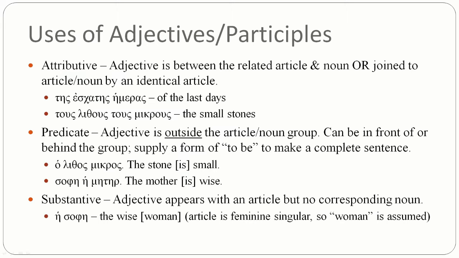Therefore, you can say woman. If this is masculine singular, the wise man. If it's anything plural, the wise ones. So that's the substantive. You supply the noun when the noun is not there, and you can get which noun it is out of the gender and number of the adjective and article.